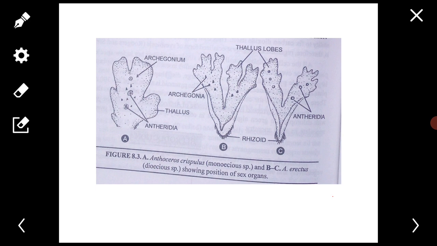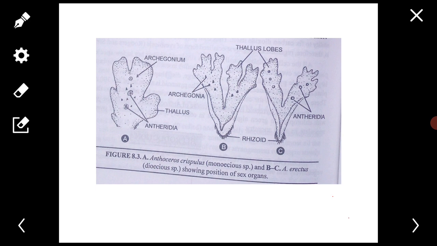Examples of monoecious species are Anthoceros crispus, Anthoceros fusiformis, and examples of dioecious species are Anthoceros erectus, Anthoceros laevis, Anthoceros halli.